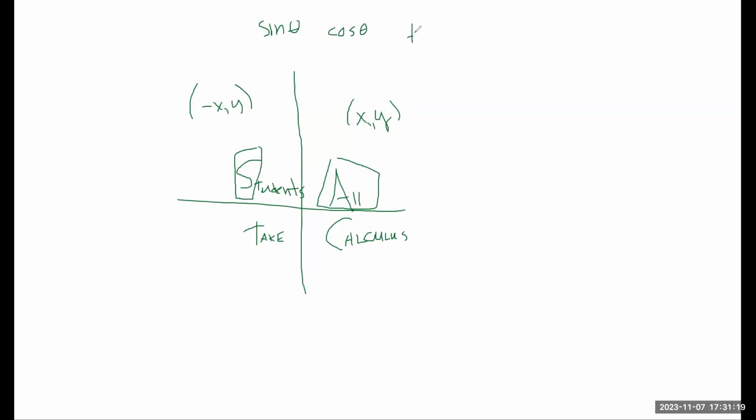Their reciprocals are going to have the exact same sign. So I'm talking about positive. Here, the y values are positive, so the students here, this is where the sine is positive.